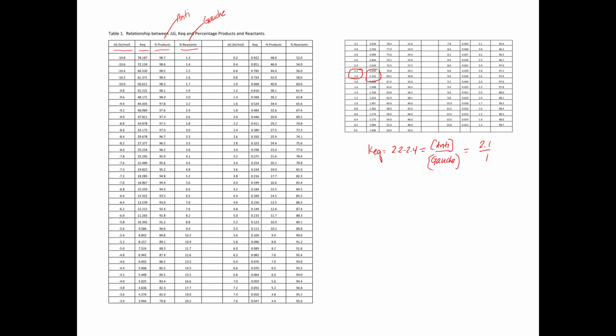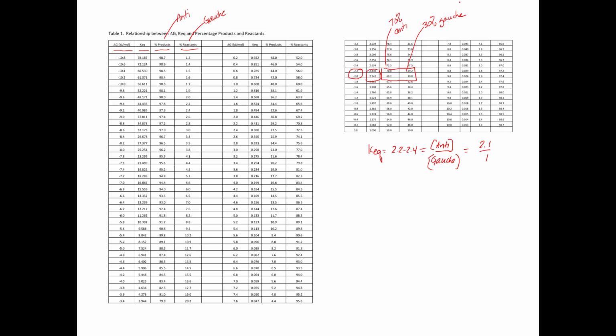So then I could calculate the percent of anti and the percent of gauche, and sure enough, I just do that in a spreadsheet, and it tells me that for this molecule, let's take an average, about 70% anti and about 30% gauche.